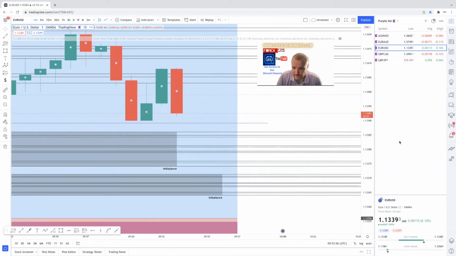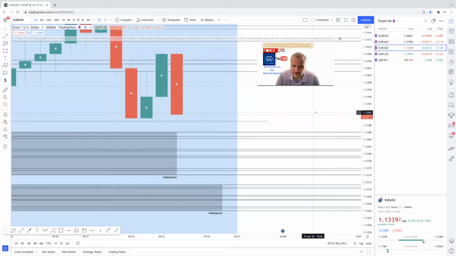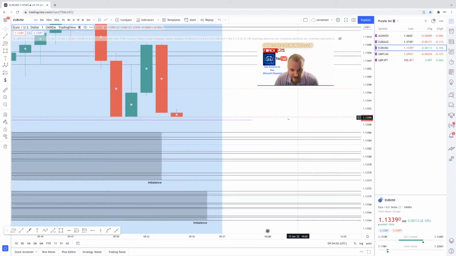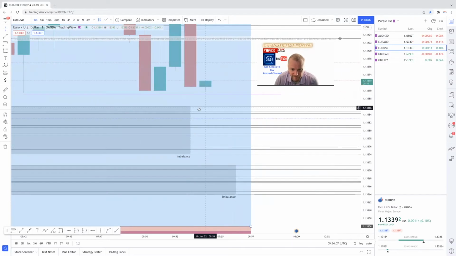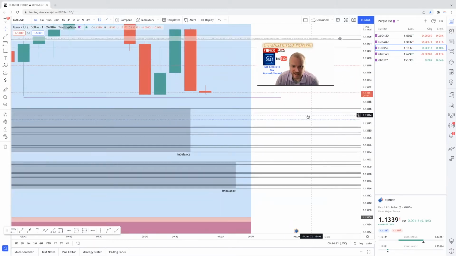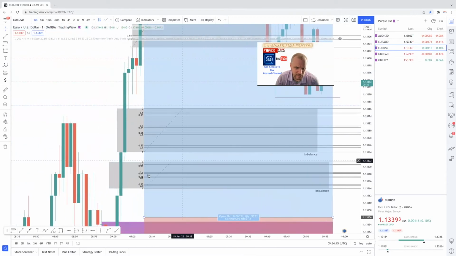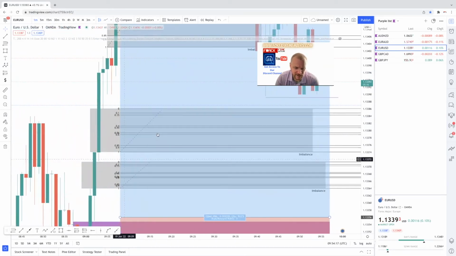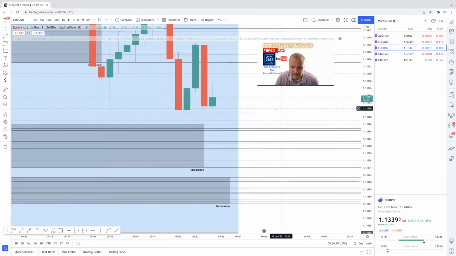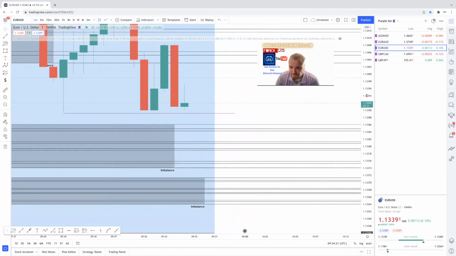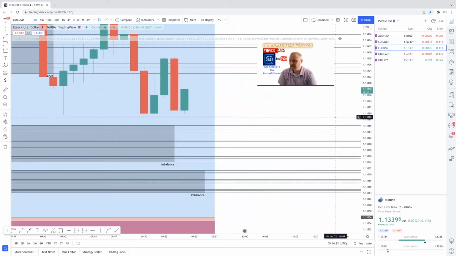And this would just give us not so much confluence, but it'll give us some extra probability that it is eventually going to come through here and mitigate the contracts that were left behind in the imbalanced area, because when we look back, we can see here there's some heavy imbalance between there.